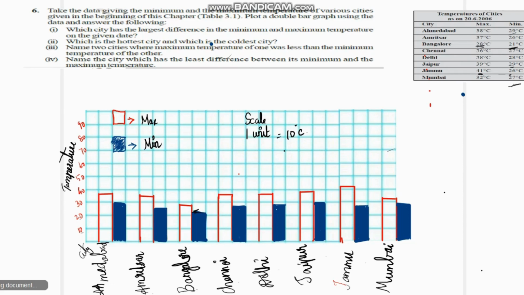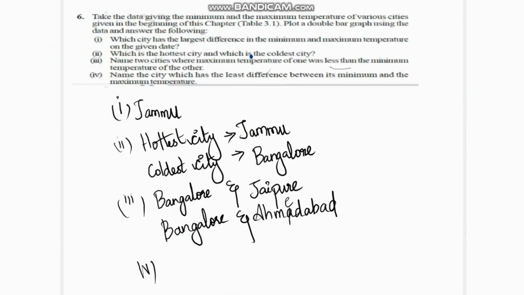They all have more gap between the maximum and minimum, but only Mumbai has a very small difference between them, 32 and 27 degrees. Other cities have more gaps, and the least difference is only in one city, that is Mumbai. So the answer to the fourth one is Mumbai.